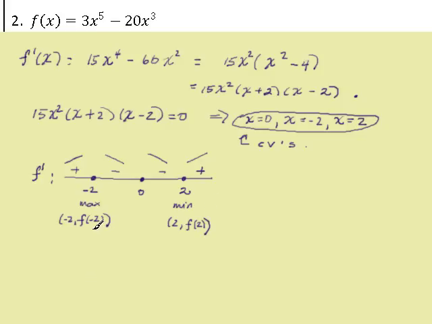Okay, so let's just do f of minus 2. We're substituting now into f of x, so we have f of minus 2 is equal to 3 times minus 2 to the fifth, that's negative 32, subtract 20 times minus 8, and this comes out to 64.